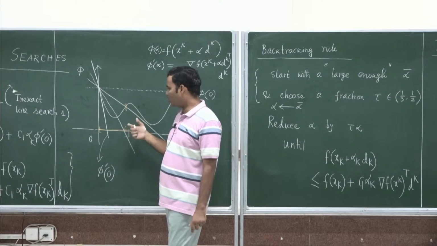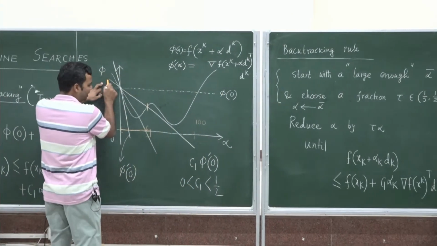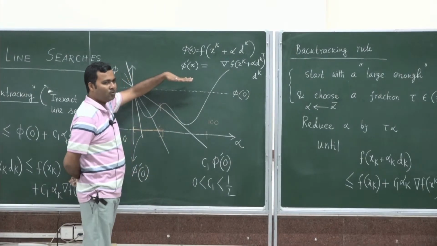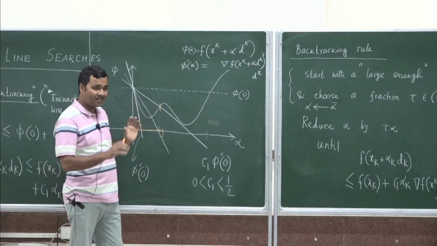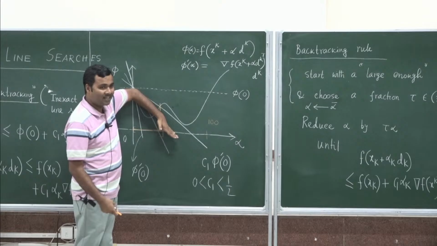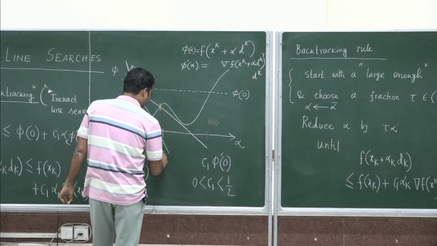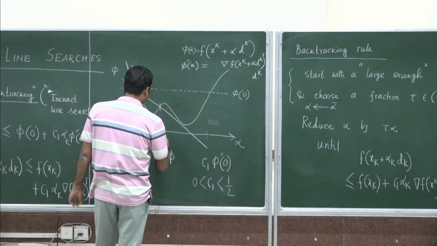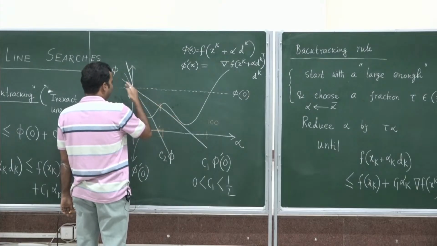But in order to have an intersection region between this line, the earlier line below which we assess the function value to be, and this line, above this line and below that line, we need a C2, a fraction slope of this line. This line should be lying in between this particular line and the tangent line.